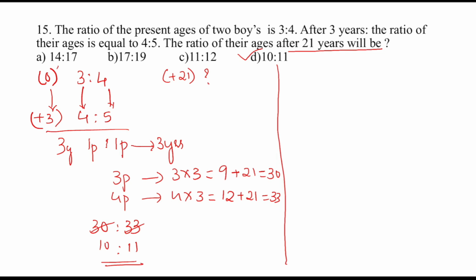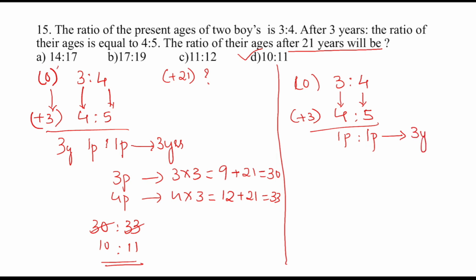But the same problem we can solve in a still simpler manner. So how to do that? First, we know that 3 is to 4 is the present ratio. After 3 years, the ratio is 4 is to 5, which means 1 part is the difference here. So one part is directly equal to 3 years.